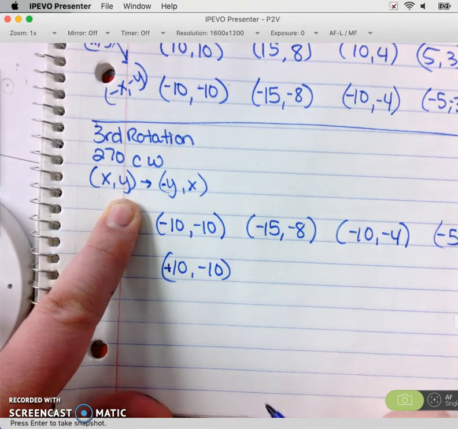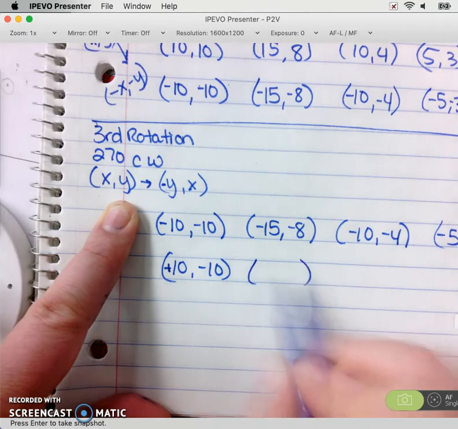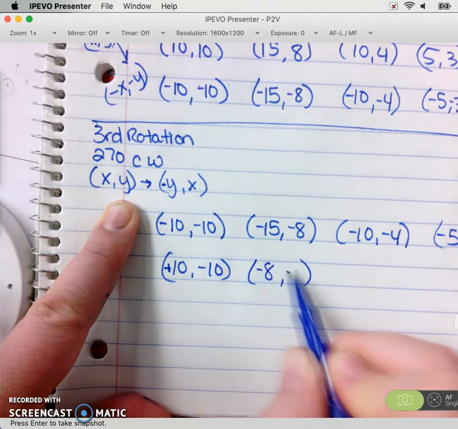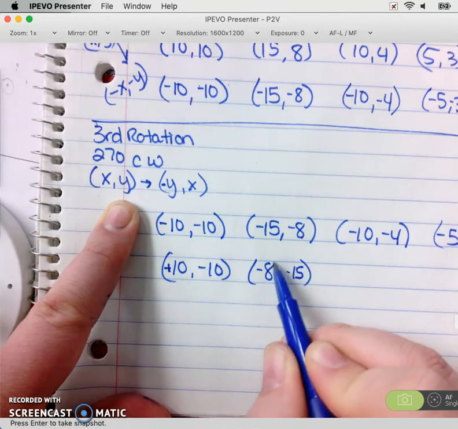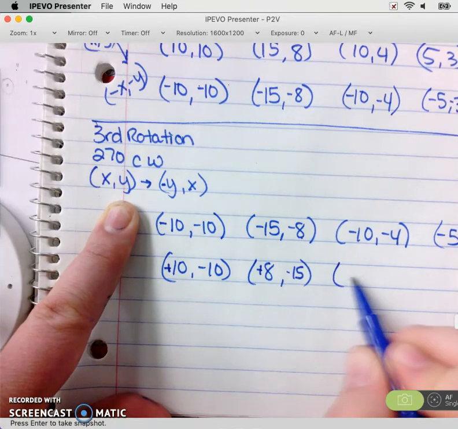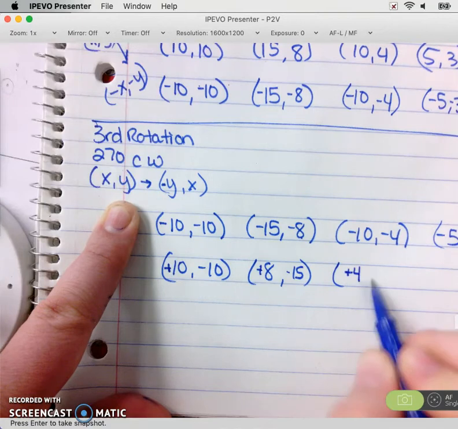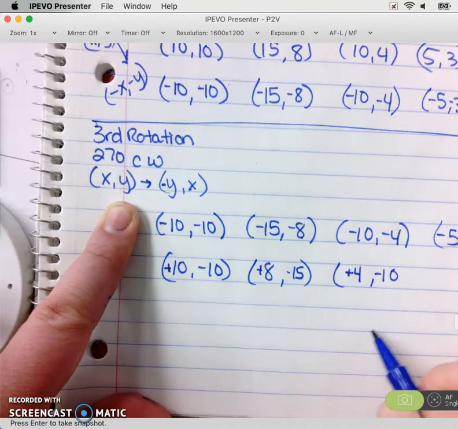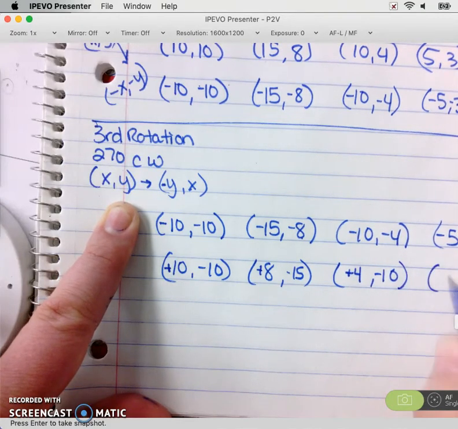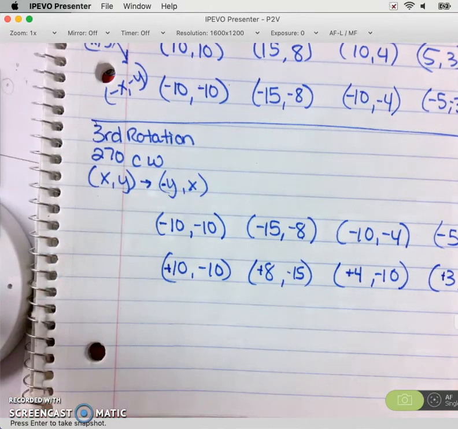Flip them, and the y becomes the opposite. Now I have 4 more points.